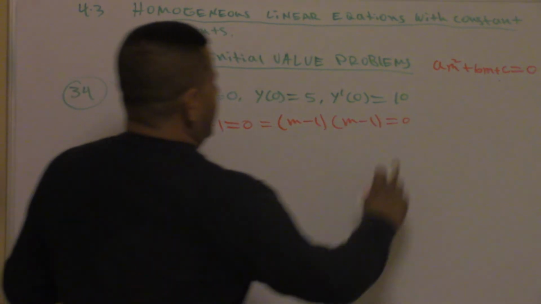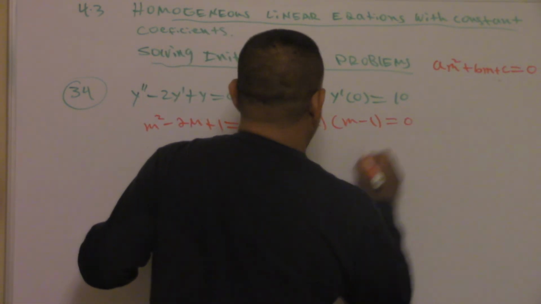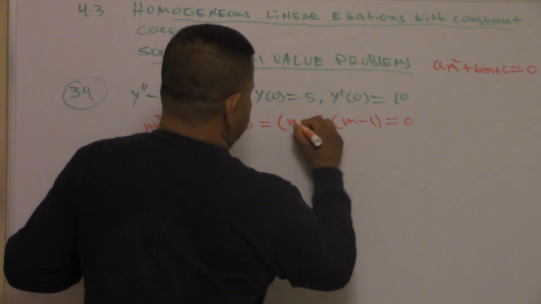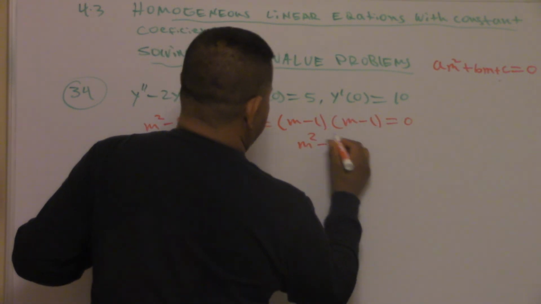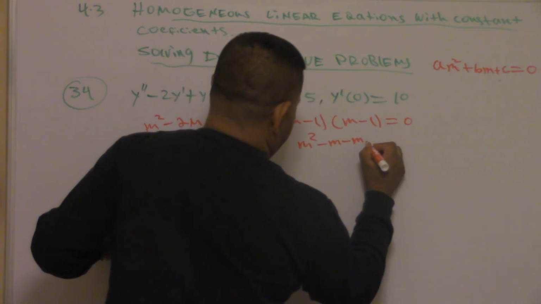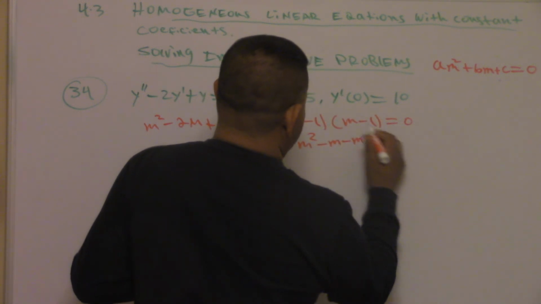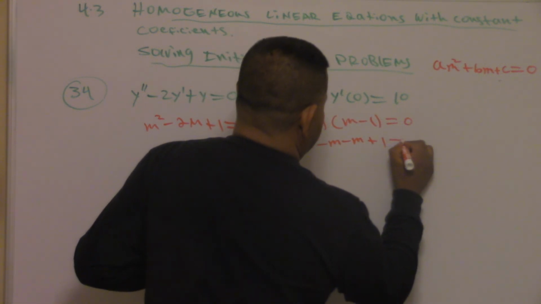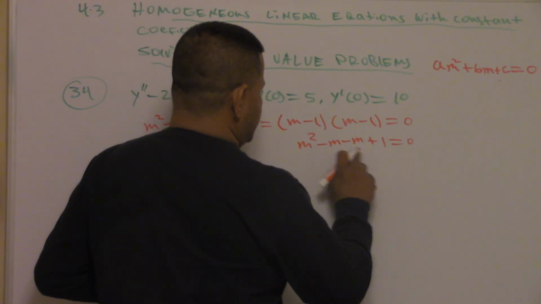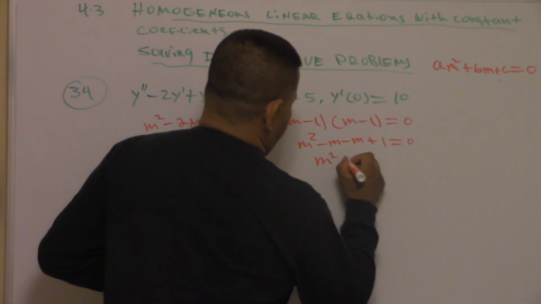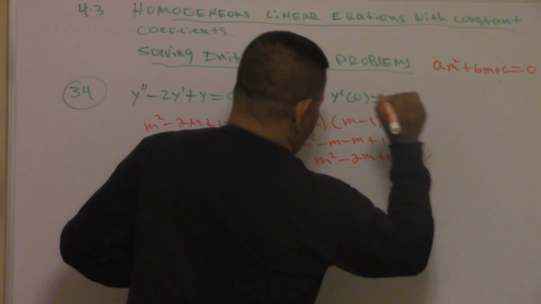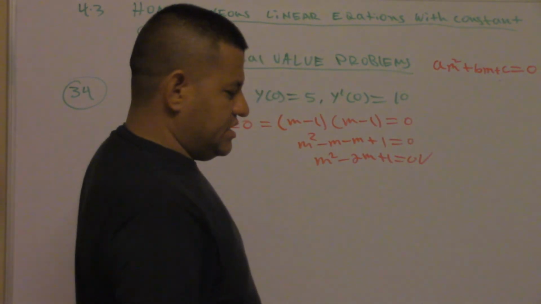Let's see if this is correct. m times m is m squared, m times negative 1 is negative m, negative 1 times m is negative m, and negative 1 times negative 1 is plus 1, equal 0. Adding the two negative m terms, I get m squared minus 2m plus 1 equals 0. We checked, so that is the right factoring.